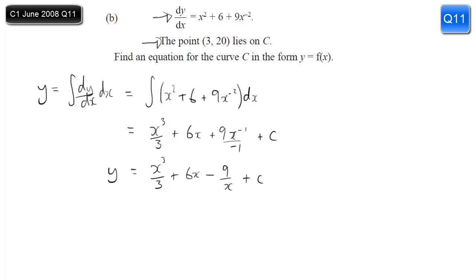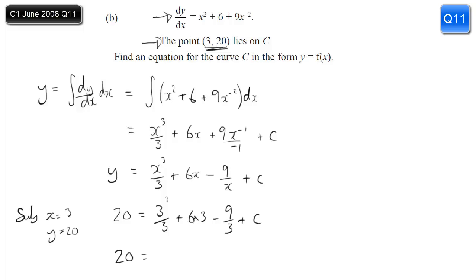But we're told something specific about our curve. It has this point on it. So when x is 3, y is 20. So I'm going to substitute those in. So x equals 3, y equals 20, and that will give us the value of c. So 20 equals 3 cubed over 3 plus 6 times 3 minus 9 divided by 3 plus c.